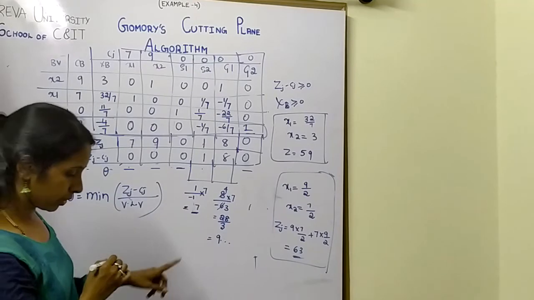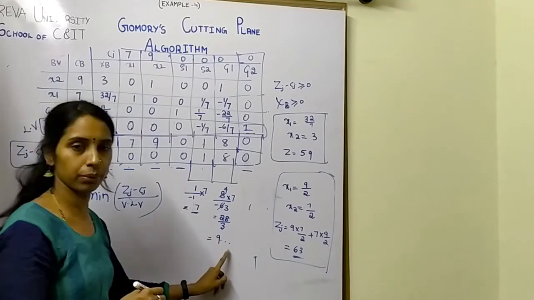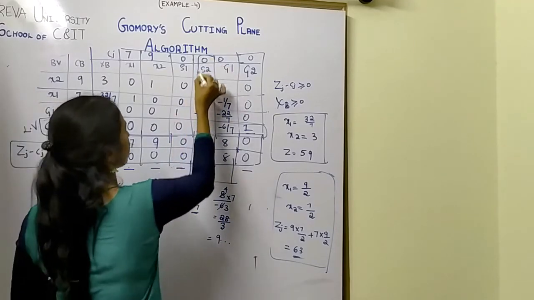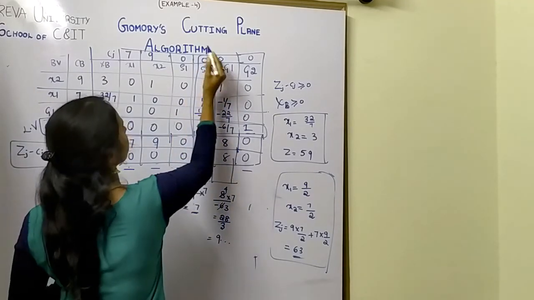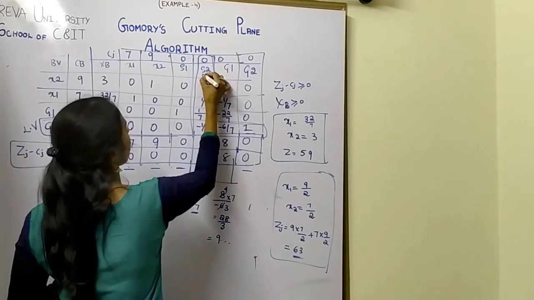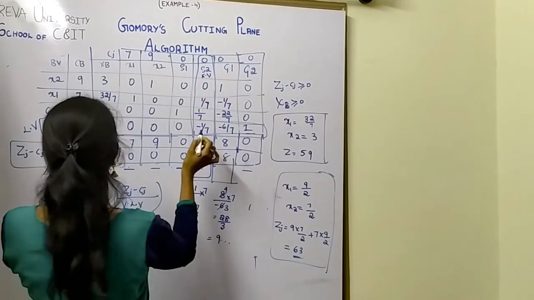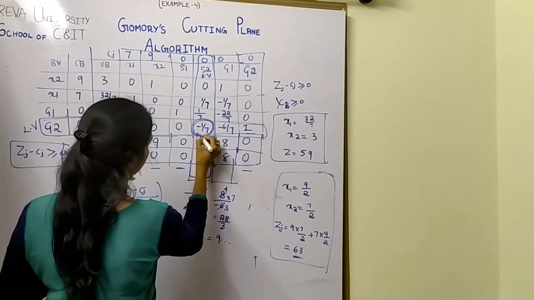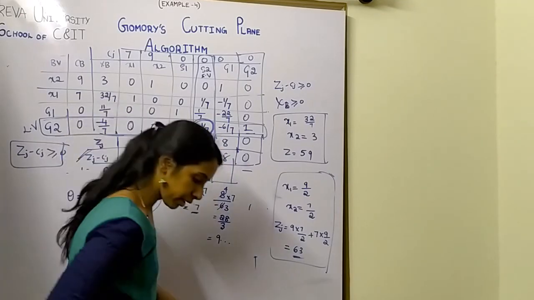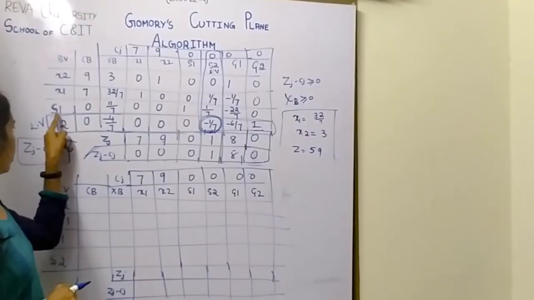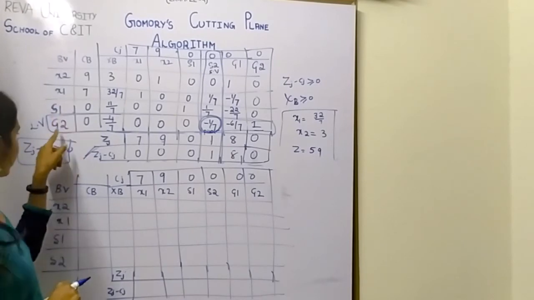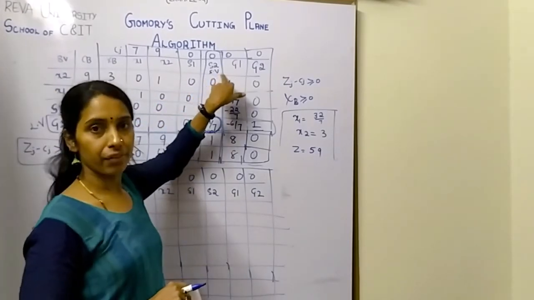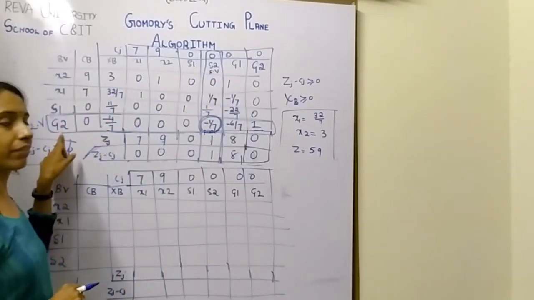So here you will get 7, here you will get 9. Which is minimum among these? S2. S2 will be considered as the entering variable. And where exactly it coincides, this is called our pivot value. For the previous table, this is S1 and this is G2. Now S2 is the entering variable and this is the leaving variable.